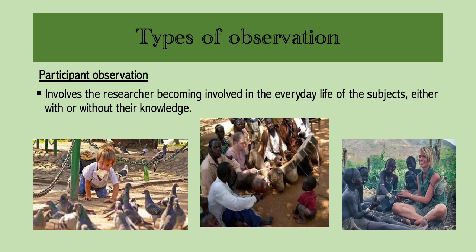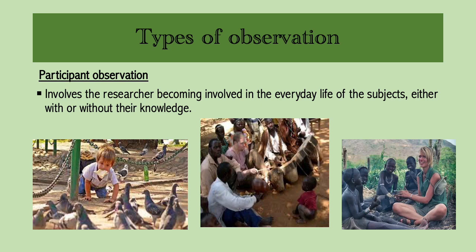Okay, now the third type of observation, we have participant observation. The picture itself, again, illustrates the definition of participant observation. The first picture there, you have a kid trying to become one of the birds, I guess, acting like the bird. And then in the second picture, again, the researcher becomes involved.